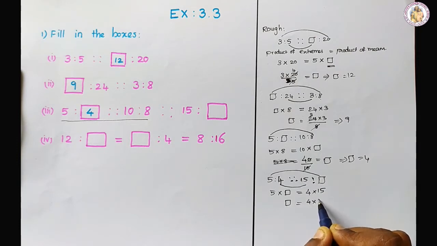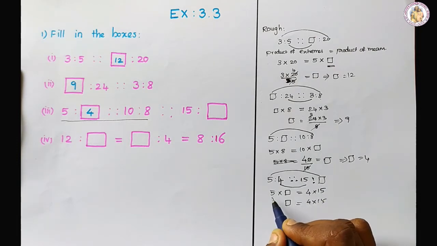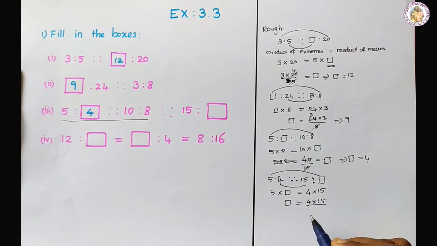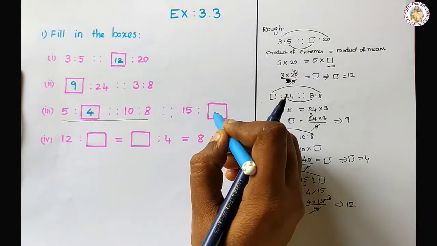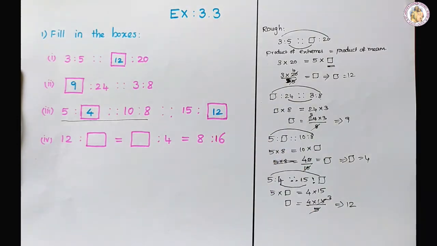Box equals 4 into 15. Here bring this side 5 means it becomes division, 3. So the value is 4 3s are 12. Here 12 will come.